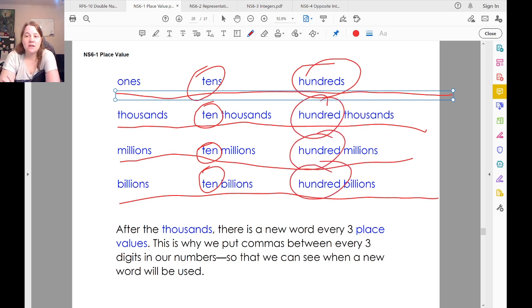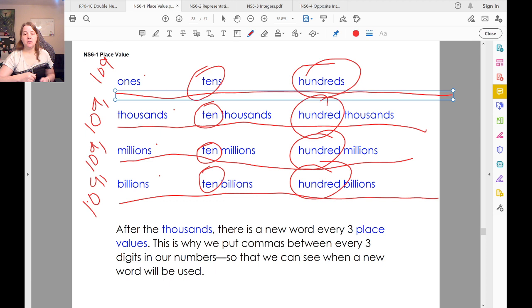The main thing that changes is if it's a ones, thousands, millions, or billions. That's why we put that comma in there, because the first one, 109, is different from saying 109,000, or 109 million, or 109 billion. You get into really big numbers.